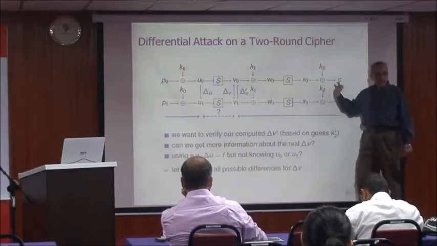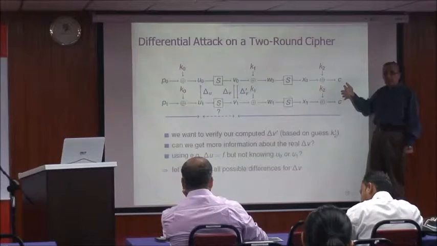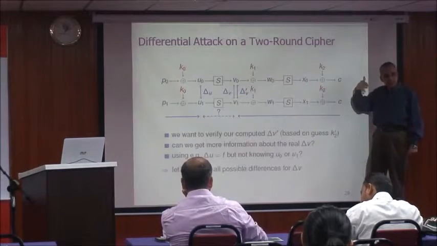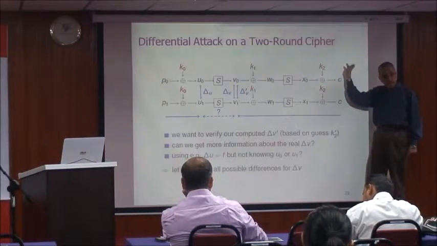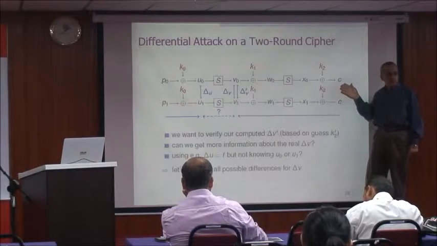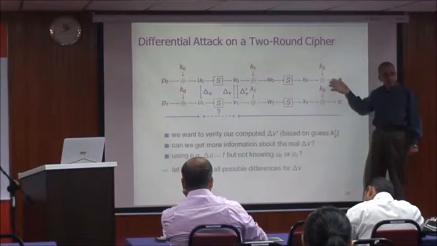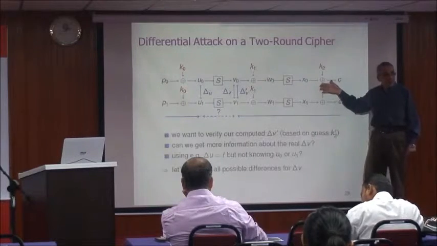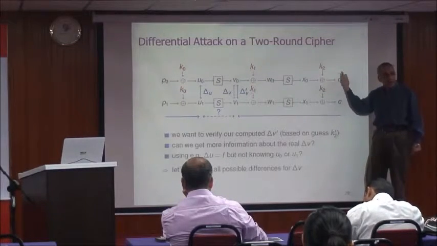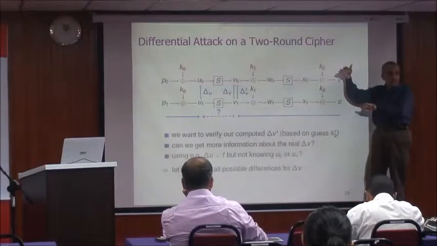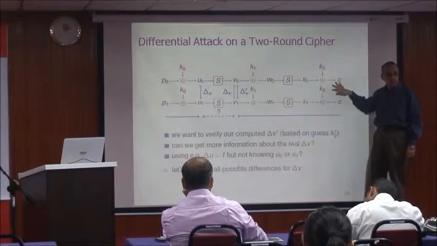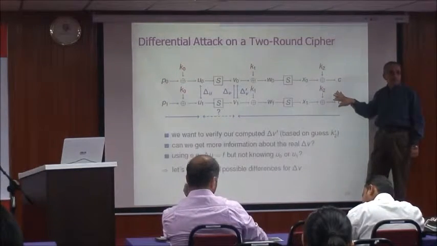If I repeat this enough number of times, the right key guesses will be incremented with probability 10 over 16, and the wrong key guesses will be incremented with probability 1 over 16. Which means that at the end, after I do this enough number of times, the right key guesses will have counters that have much higher values compared to the counters associated with the wrong key guesses.